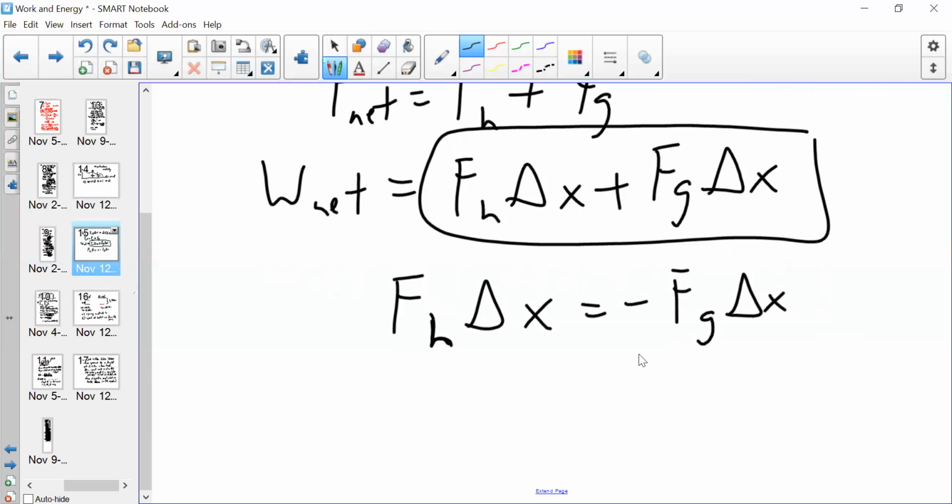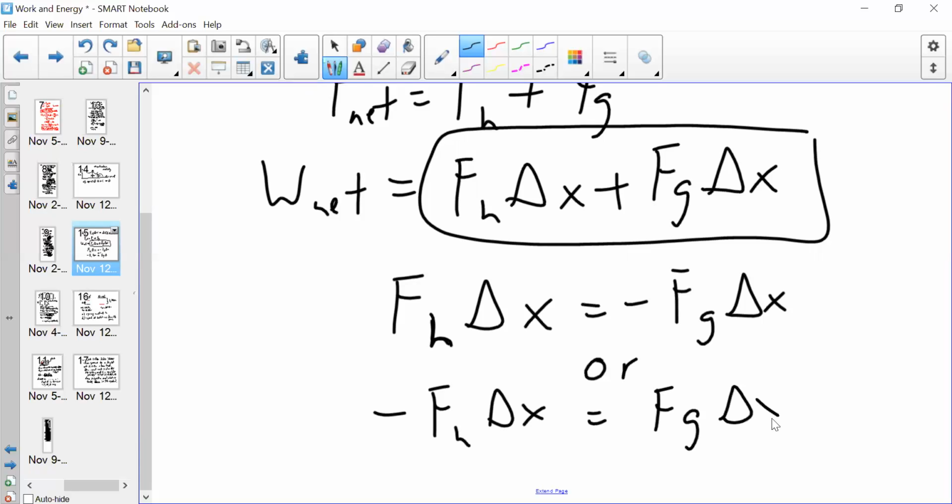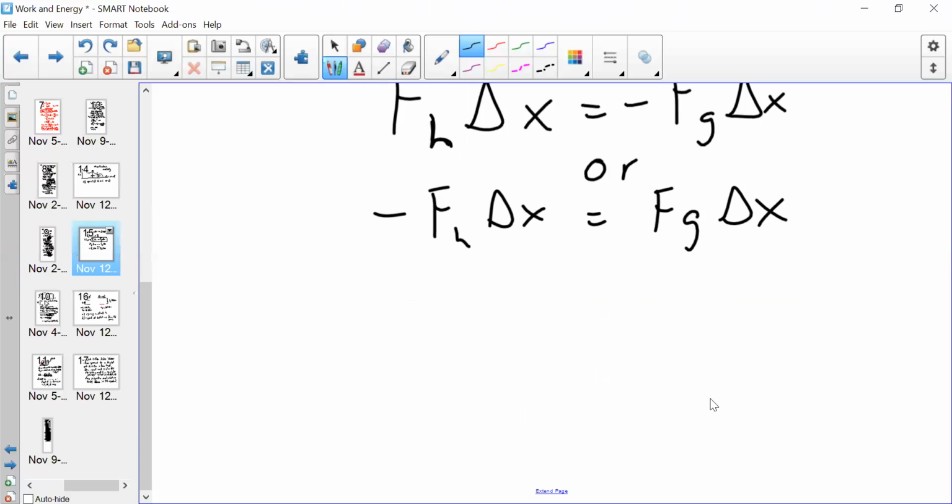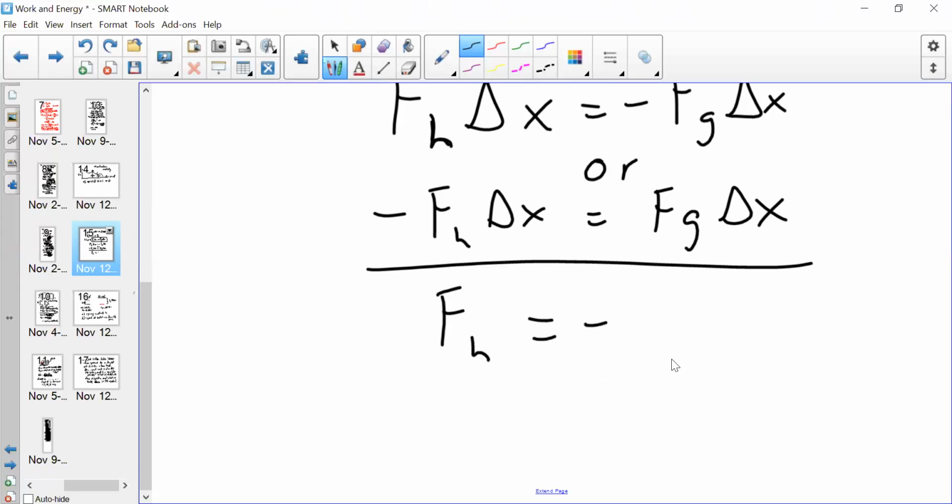Or you can say force of the hand times delta x, or F g times delta x. It's the same thing. Given that the displacements are the same, you can just say the force of the hand is equal and opposite to the force of gravity.